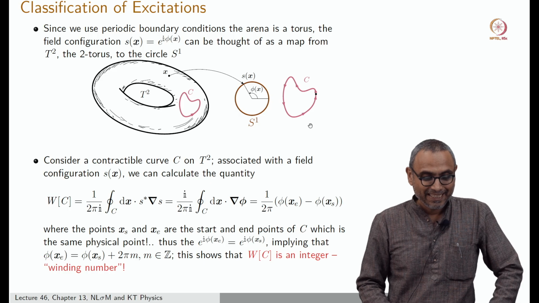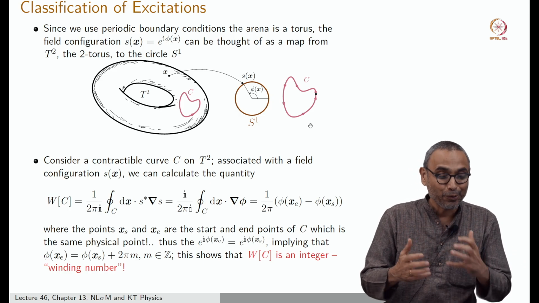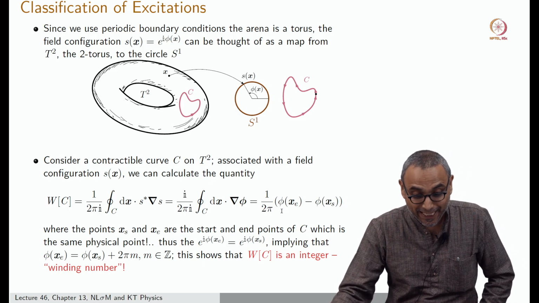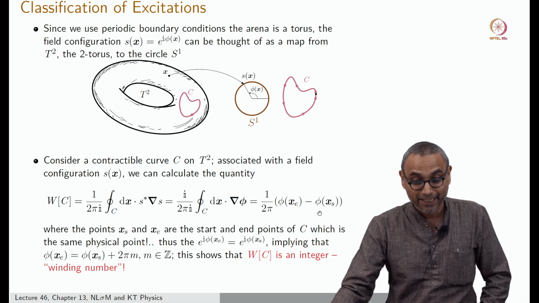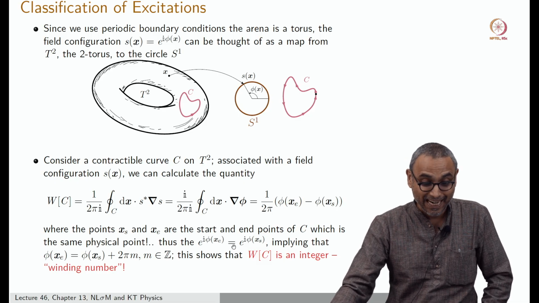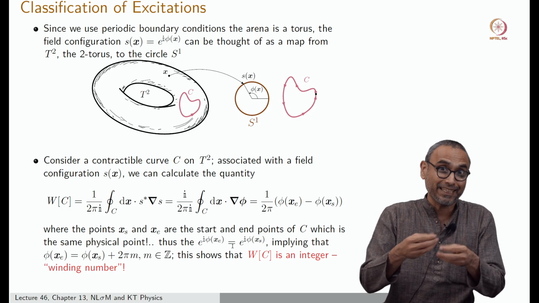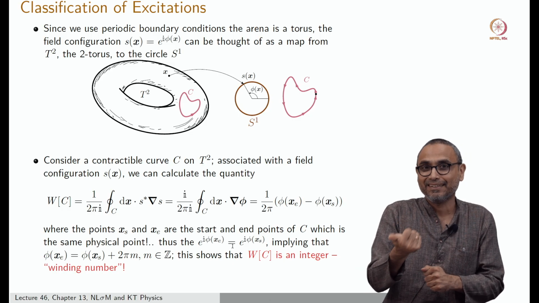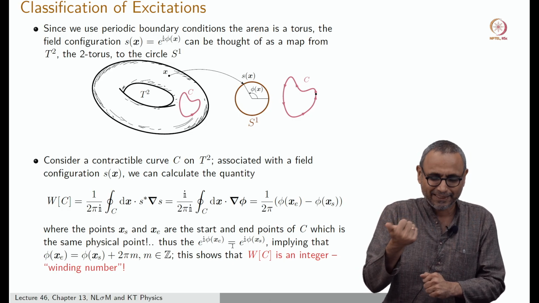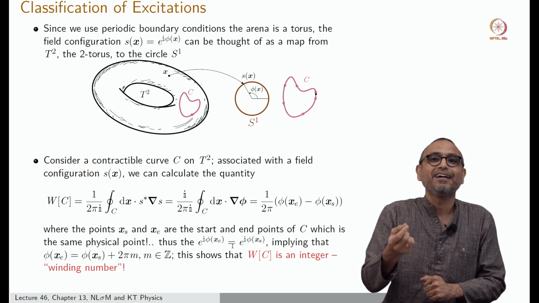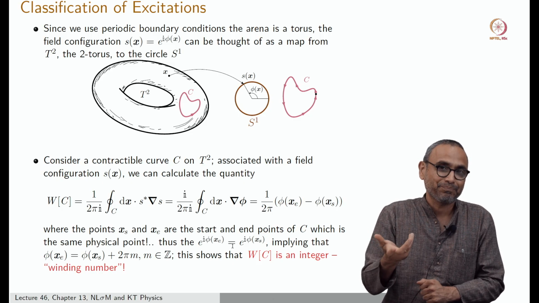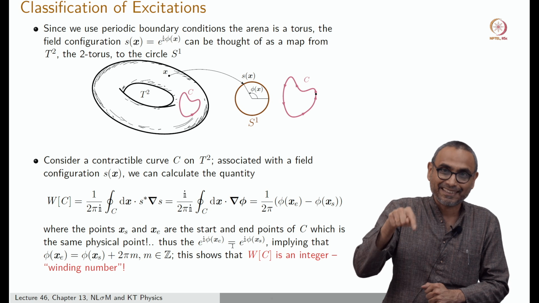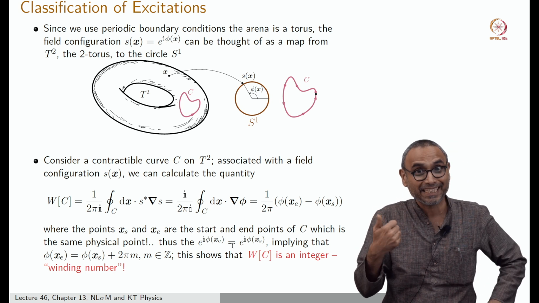But what we know is that e to the i phi of x must be equal to e to the i phi of x. That has to be the same, because the field configuration is e to the i, a unimodular complex number, which at a point is the same. But if you do some excursion and come back, it can be represented in different ways.